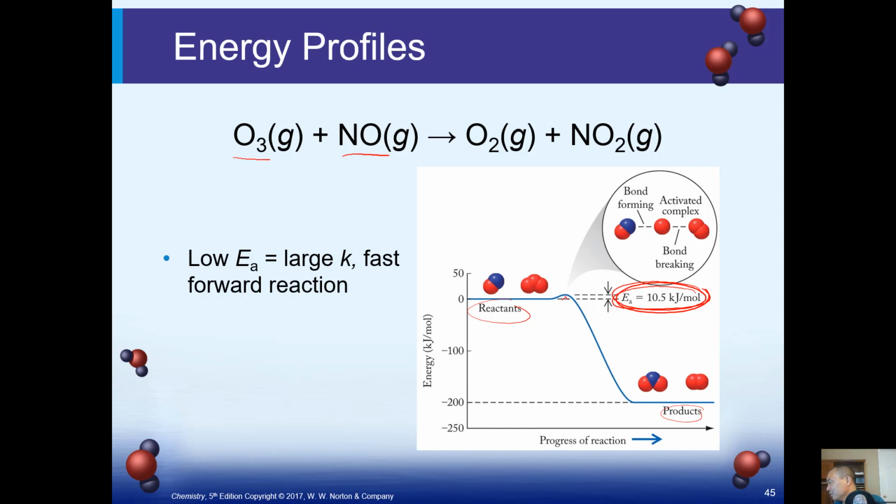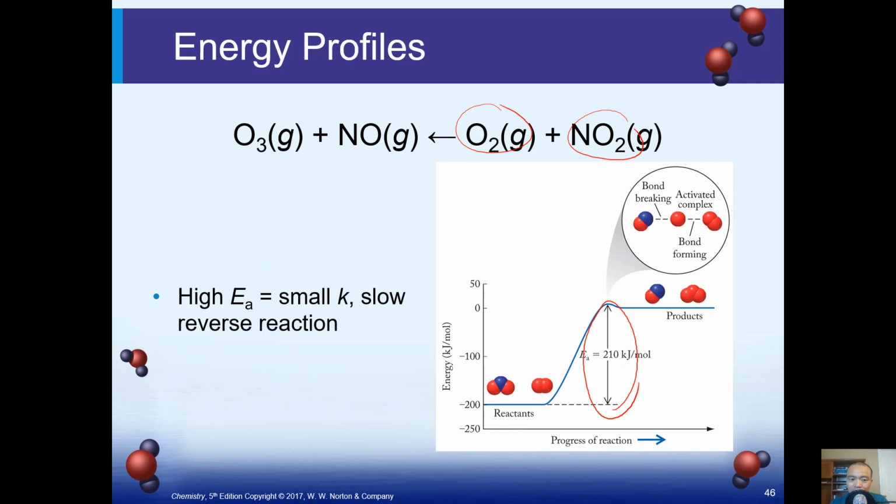So the activation energy for the reverse reaction, the Ea for the reverse reaction, is represented right over here. As you can see, the activation energy for the reverse reaction is extremely high. This indicates the reverse reaction is very, very slow. The forward reaction is much faster than the reverse reaction.